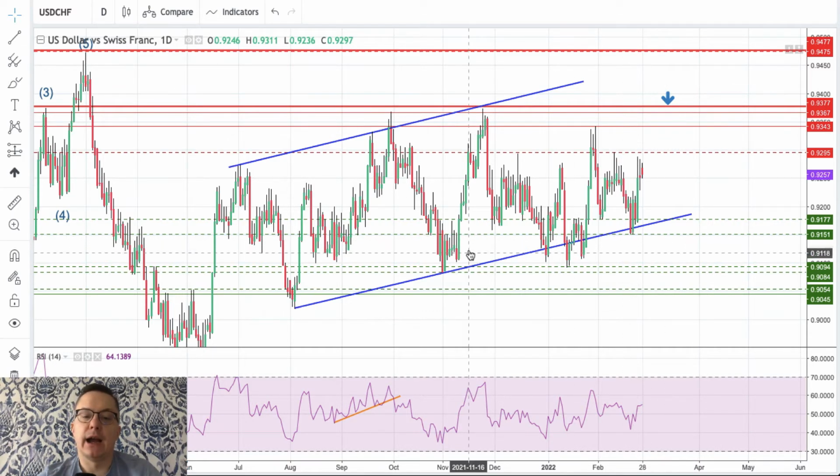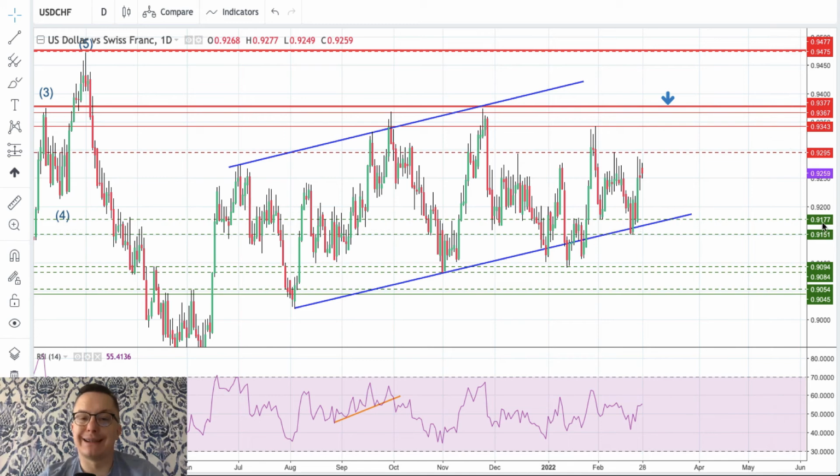This level here. However, this level is below the lower channel line. This line doesn't actually work very well. The market is much more concerned to prevail in the range than to prevail in the channel.